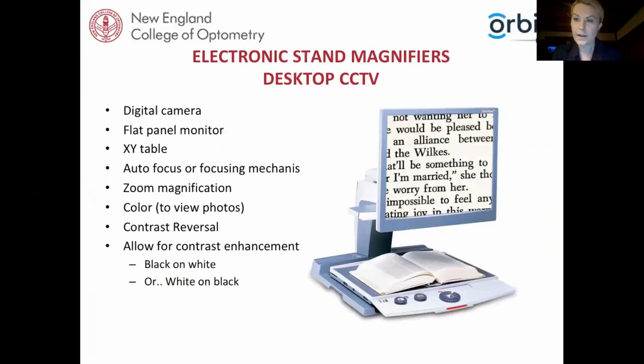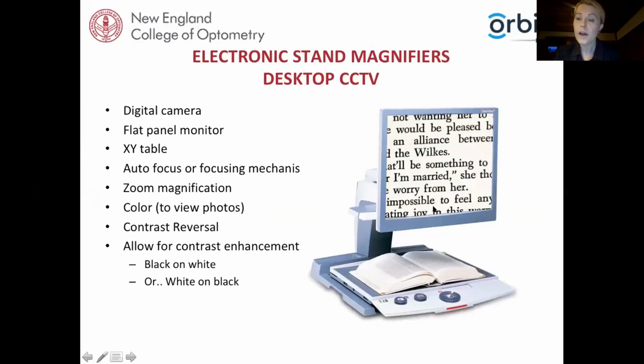Another system to consider is obviously an electronic stand magnifier or a desktop closed circuit television system. And so here we have a distance camera that is focused on the reading material, and it's electronically providing a magnified view on the screen.